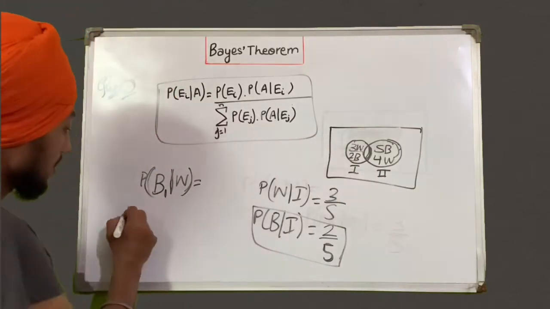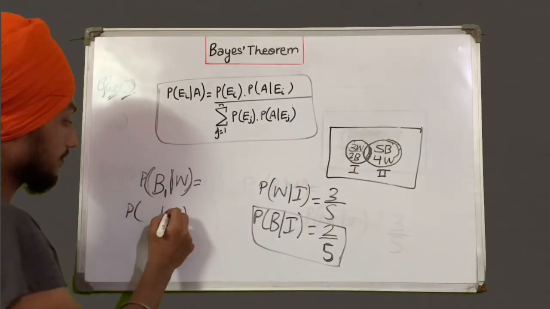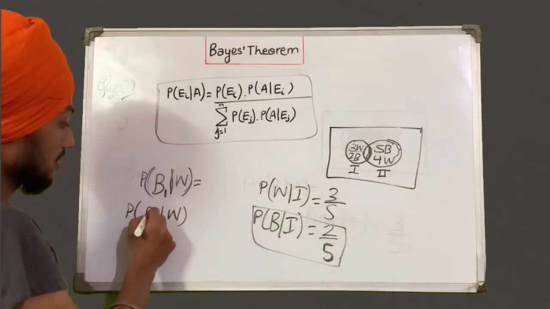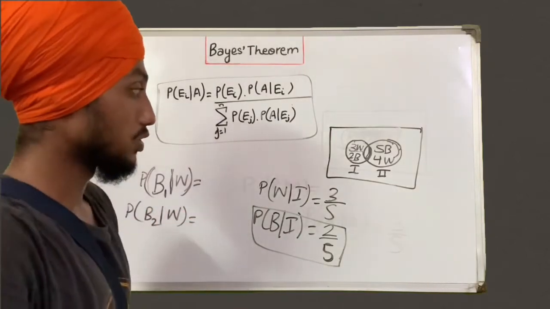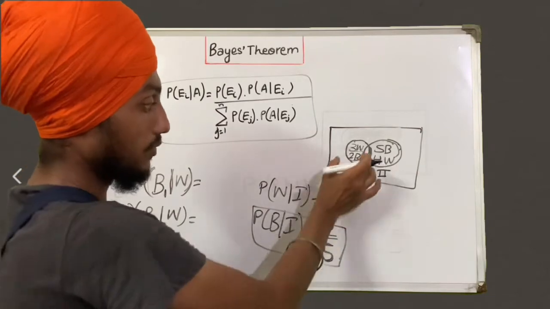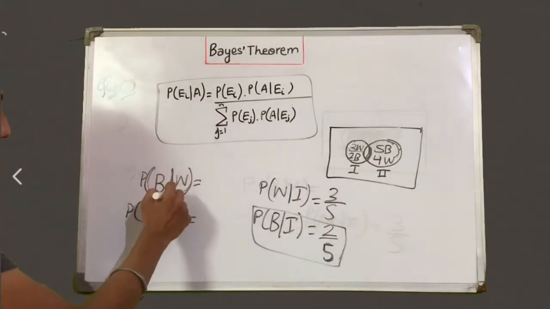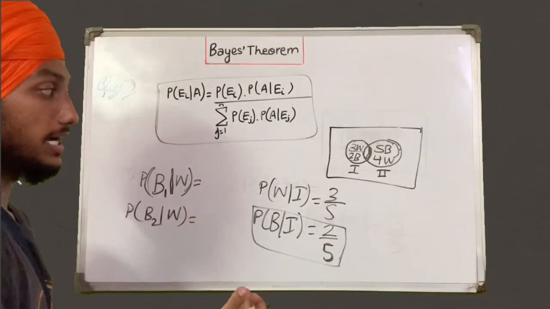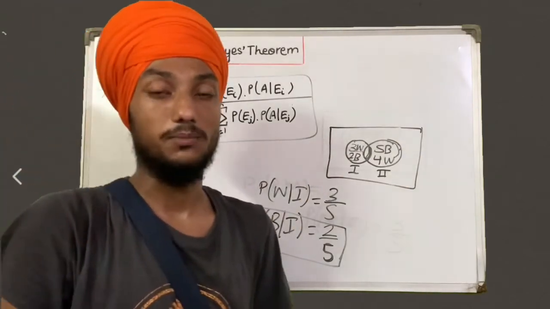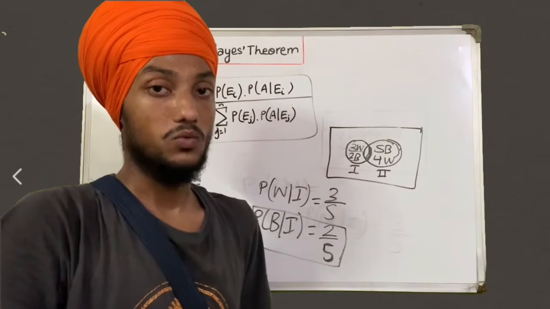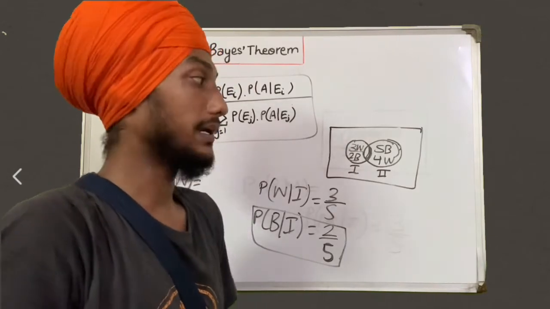This can be quite tricky, because we are not restricting ourselves to any particular bag. We have taken a white ball and we don't know whether it is from bag number 1 or bag number 2, so we have to find that probability.